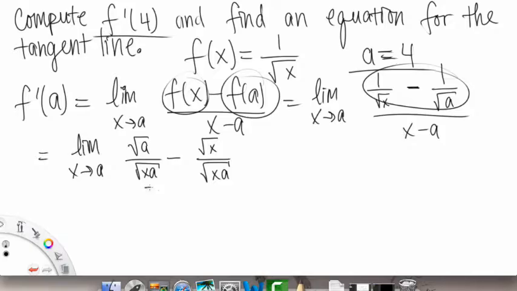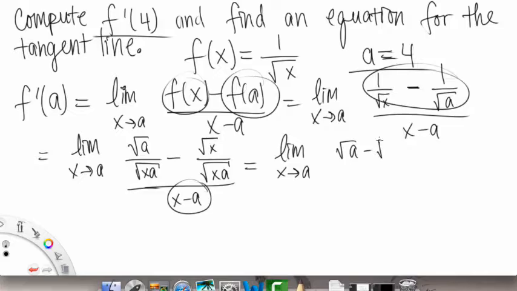And on the bottom we can't forget about our x minus a. So we combine the numerator: square root of a minus square root of x over square root of x times a, all over x minus a, and on the bottom that's a 1.